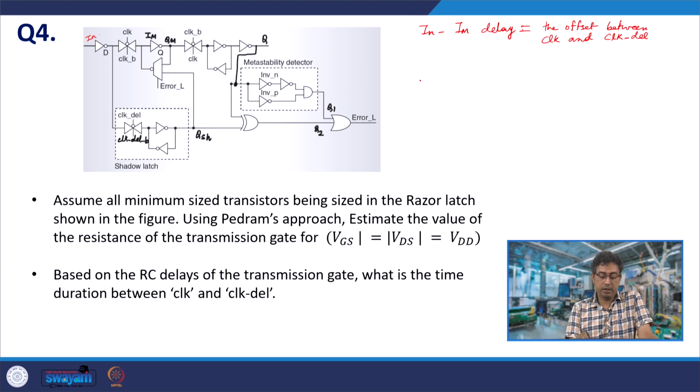So, how much is this delay? That is the question. So, we are estimating that using RC delay. So, we are taking the resistance R of the inverter I1 followed by the transmission gate T1.